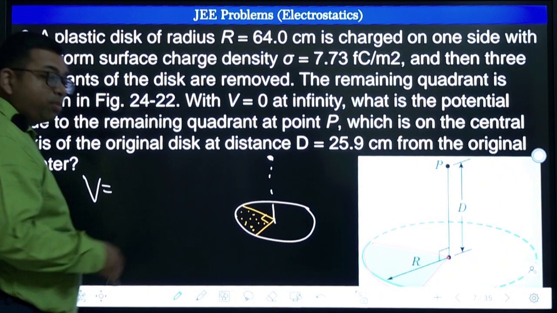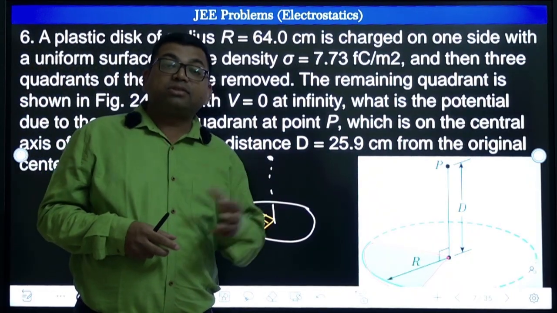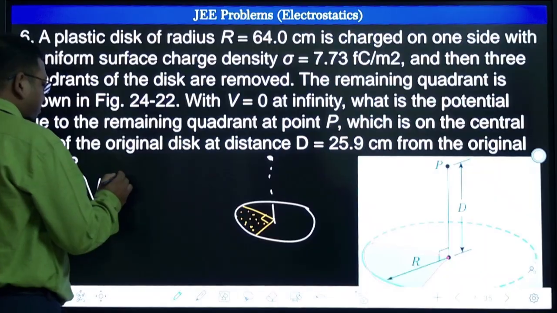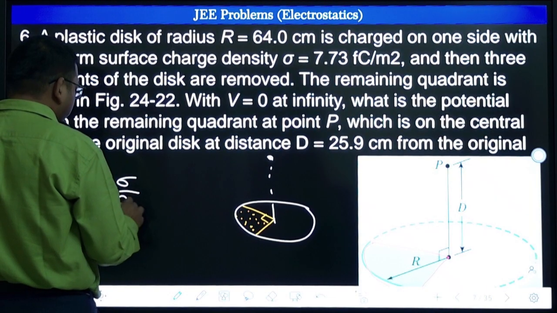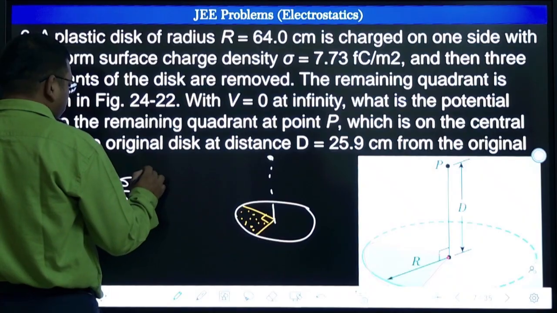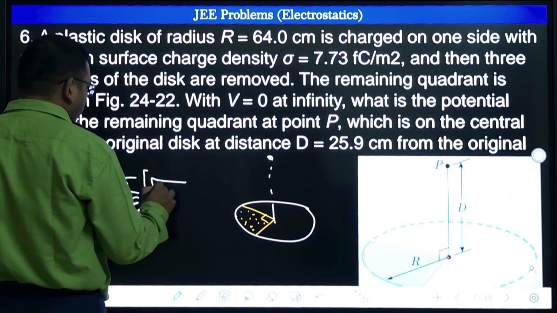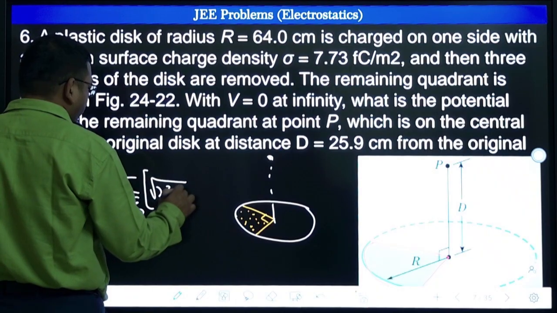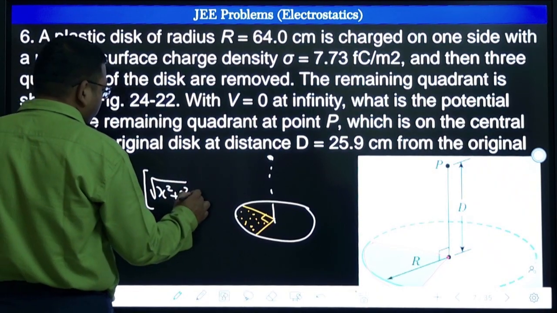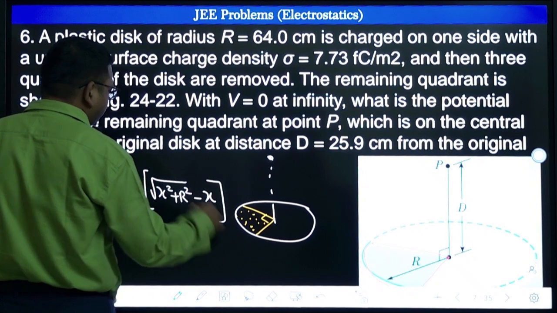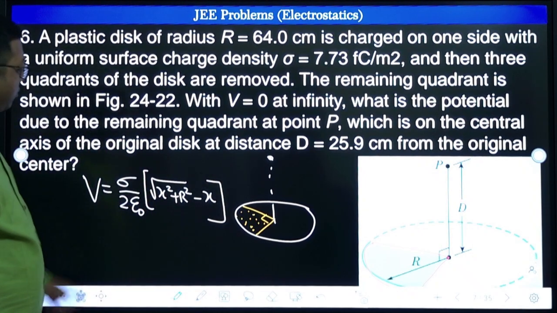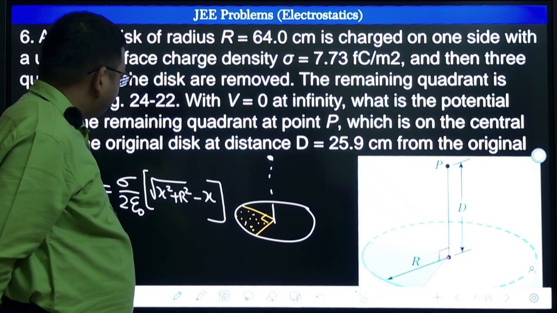Tell me the formula for potential on the axis of a disk. Remember that? Sigma by 2 epsilon naught, times root under x square plus r square, minus x. Correct? That's the formula.